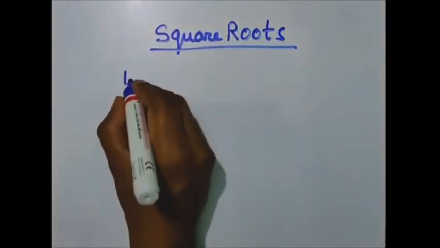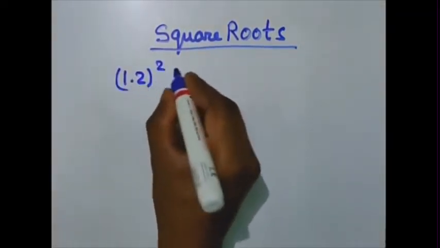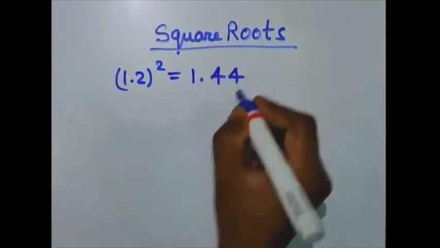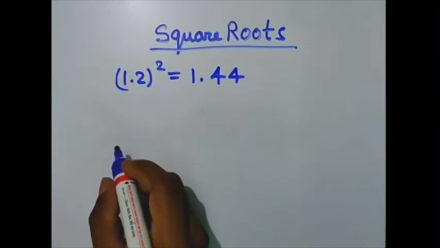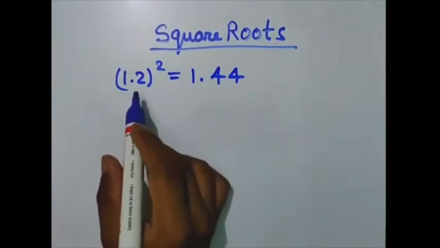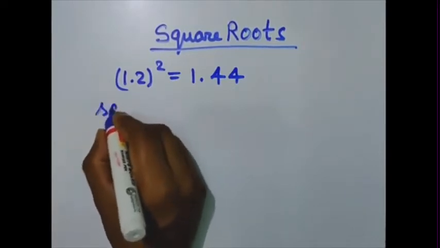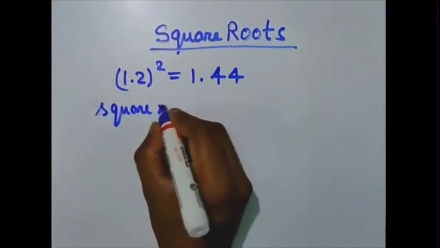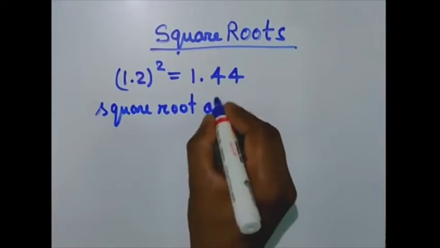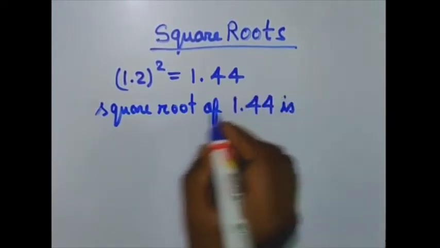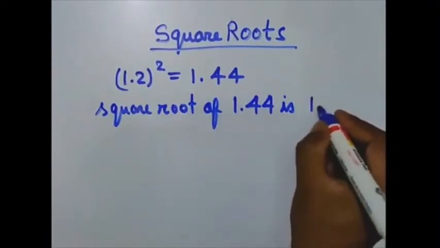Let's take one more example. Let's write 1.2 whole square, which was equal to 1.44. So we can say square root of 1.44 is 1.2.